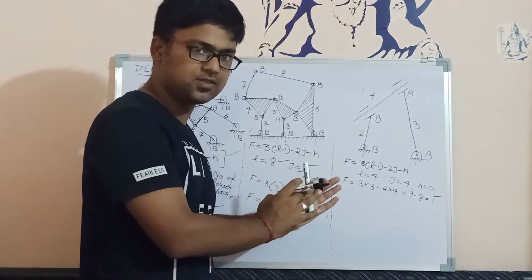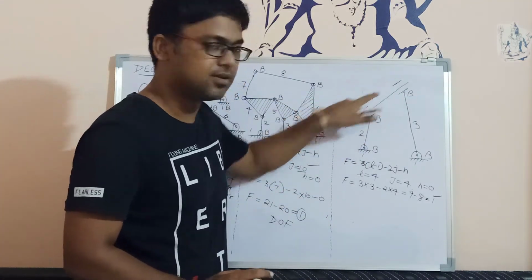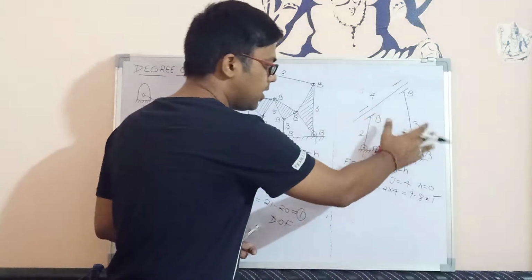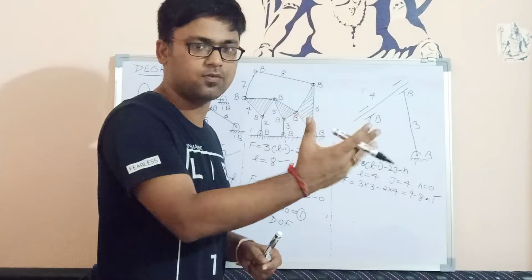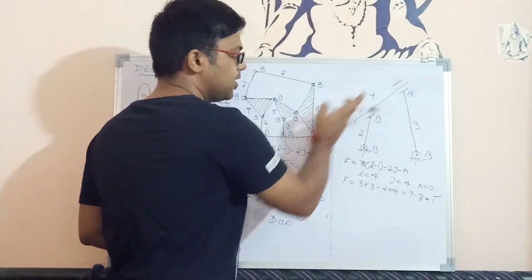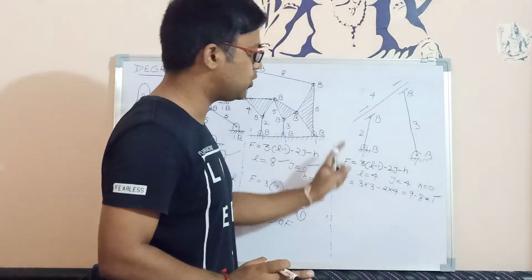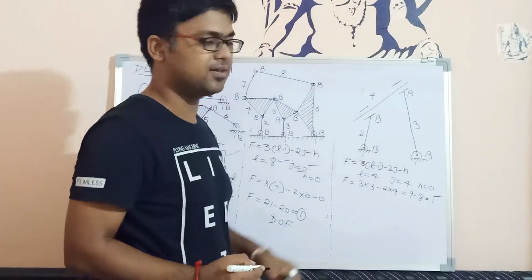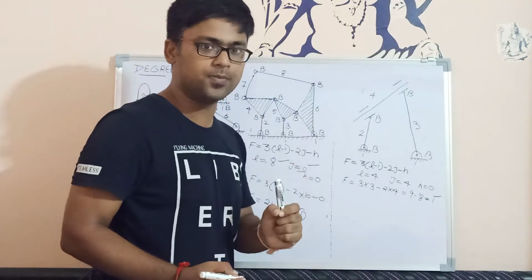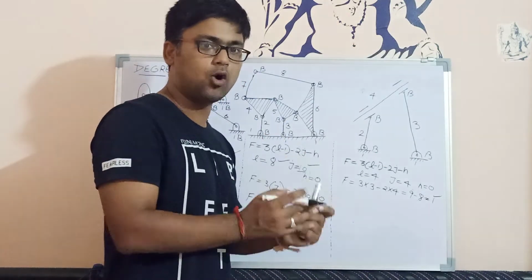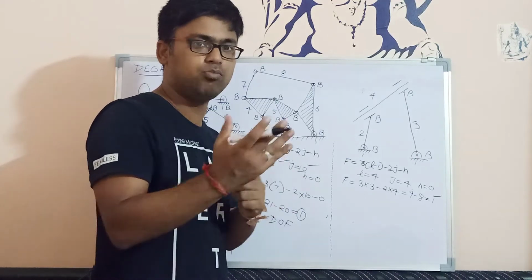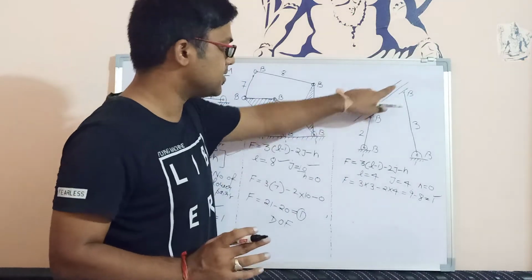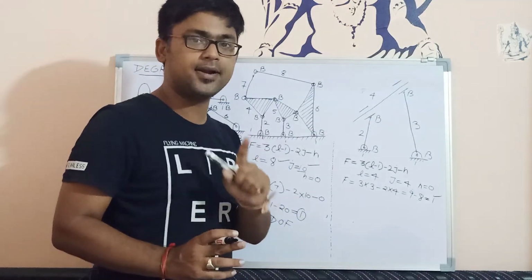For example, if in this case we see we can move the slider. The slider can move but without affecting the motion of the other elements or the other links of the machine. So we can slide it, it will not affect the relative motion of link 2 or link 3. So we are going to say that this is a link that is having redundant degree of freedom. It can move freely without causing any effect or relative motion on the other links of the mechanism. So we can say this is having 1 redundant degree of freedom.